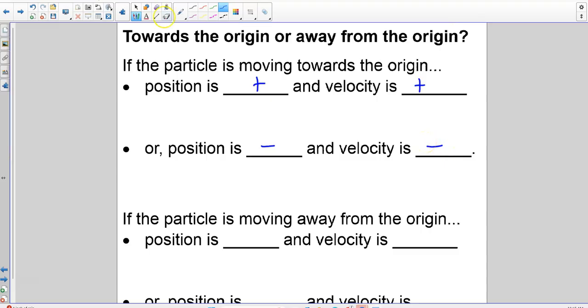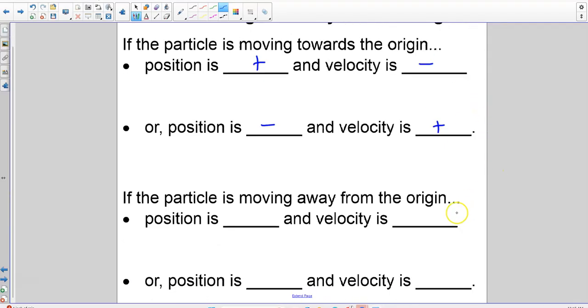No. Gosh. Switch these last two. All right, so if you have opposite signs for position and velocity, then the particle is moving towards the origin. If the particle is moving away from the origin, you've either got positive, positive, or negative, negative in that case.